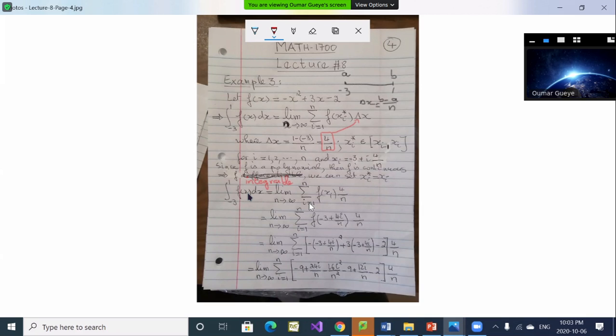And from here, I'm going to substitute inside this bracket here, xi by its value. The value of xi, as we know, is equal to a plus i delta x. That's what the formula says. And we already explained why, and this is my xi.